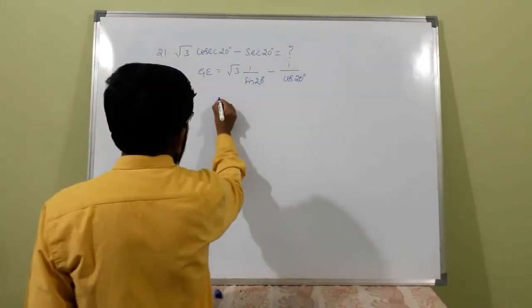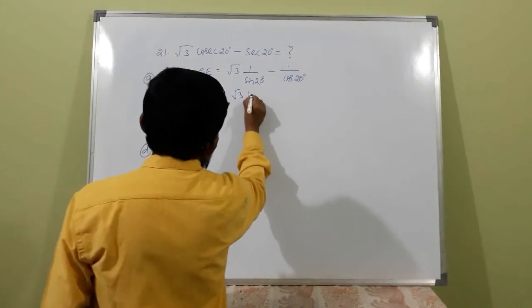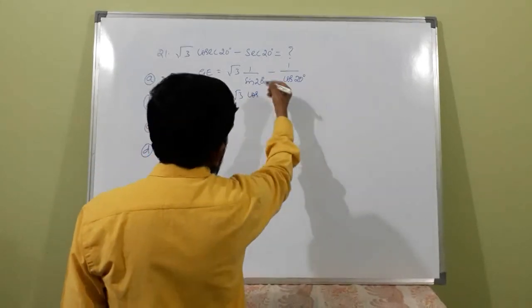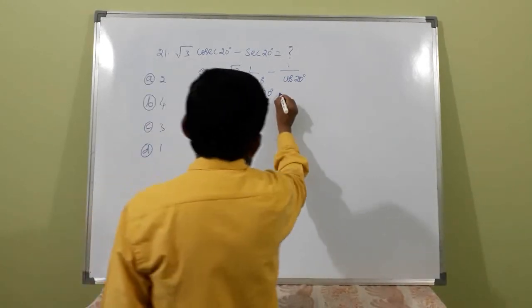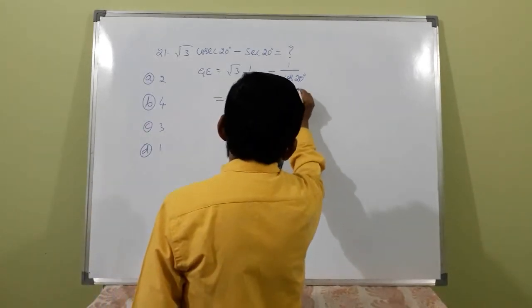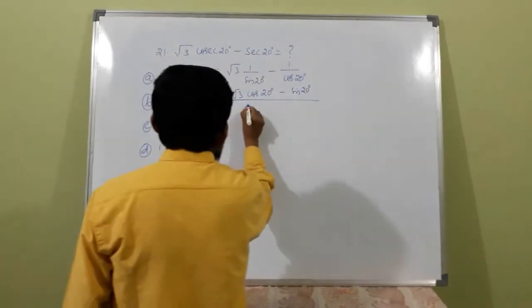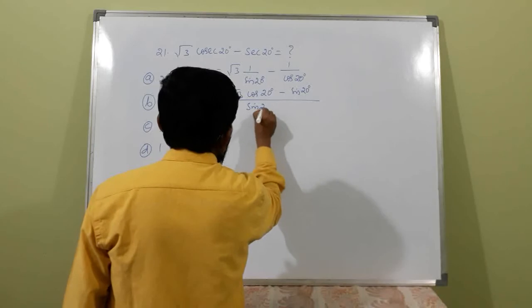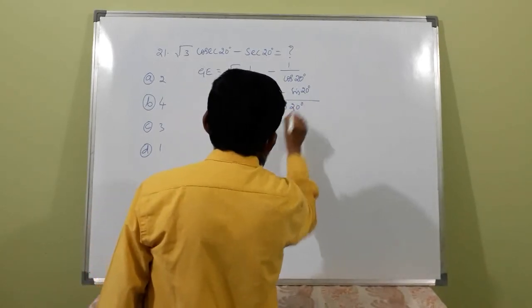If you cross multiply, take the LCM: root 3 cos 20 minus sin 20 divided by sin 20 cos 20.